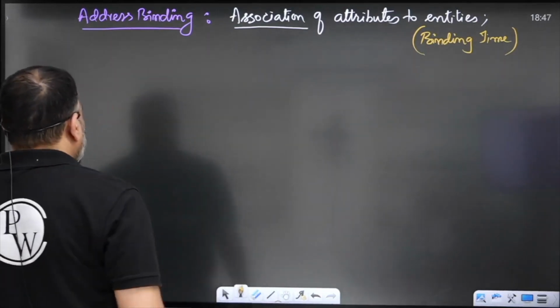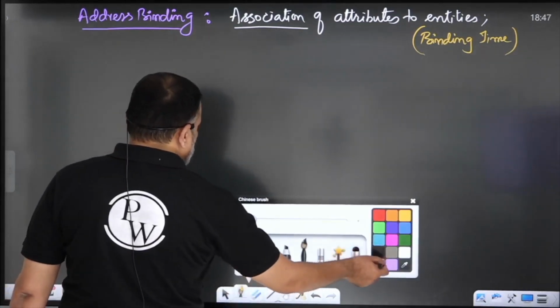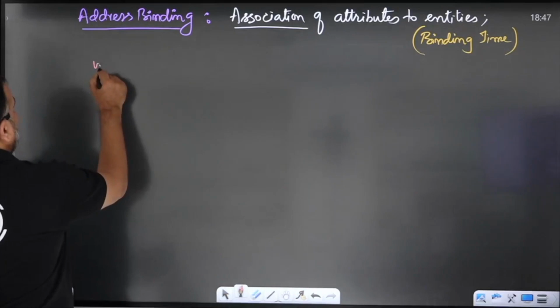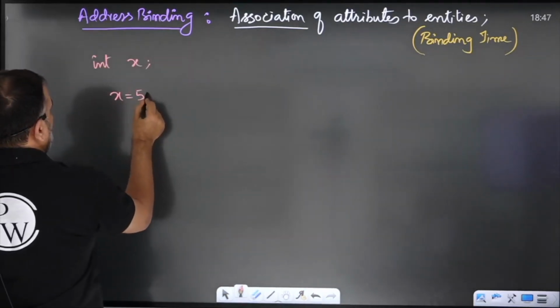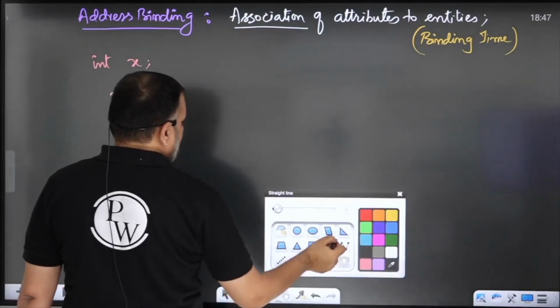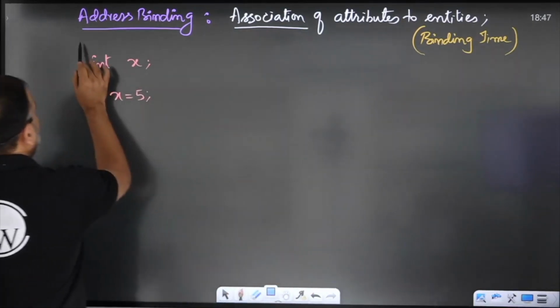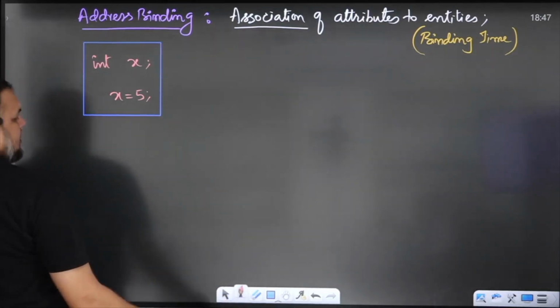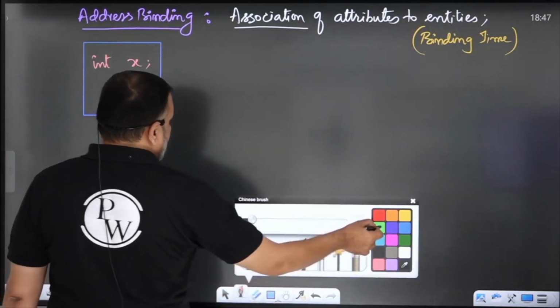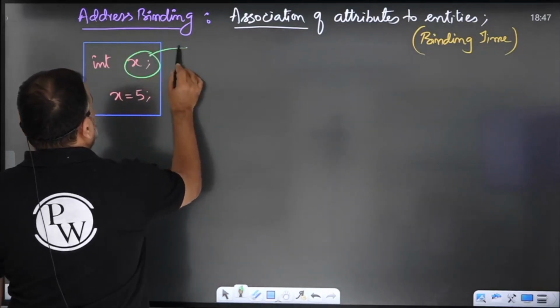Now when you come to programming paradigms, see on the board. If I define a variable like int x, x is equal to 5, look at this simple point. There are several bindings here. This is called the entity.